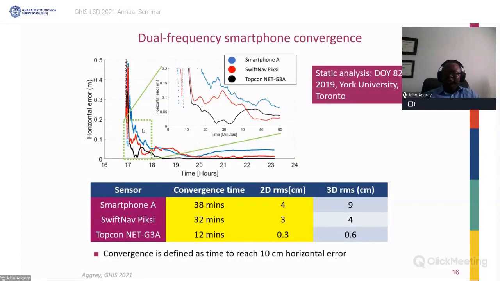I do not need to rent a $15,000 geodetic grade receiver and take it to the field to do my work. That's what these results actually mean in this particular case. I found it very, very impressive to see that I can actually take my smartphone, go out there, and do survey work. So that's the point that I want to drive home in this particular case.